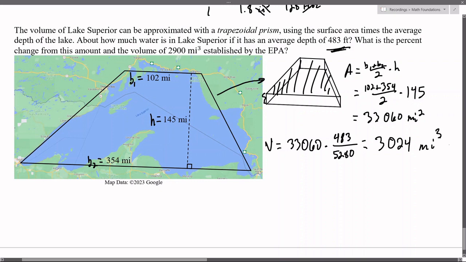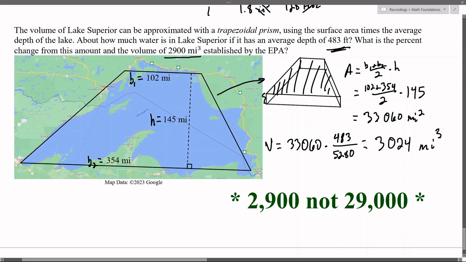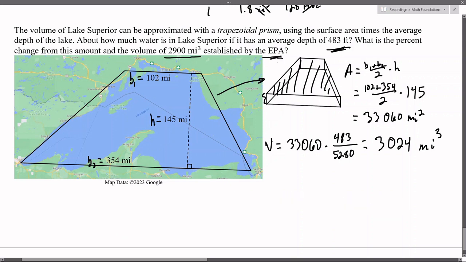So that's our estimation. And it says, what is the percent change from this amount from the volume of 2,900 miles cubed established by the EPA? That's what they say the capacity here of Lake Superior is. So for that, we're going to do final minus initial over initial.